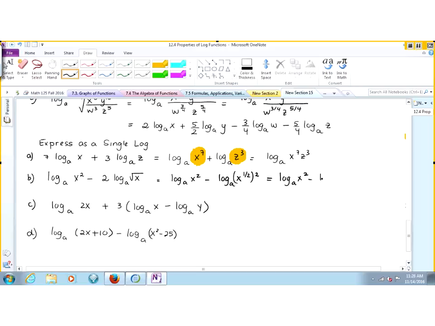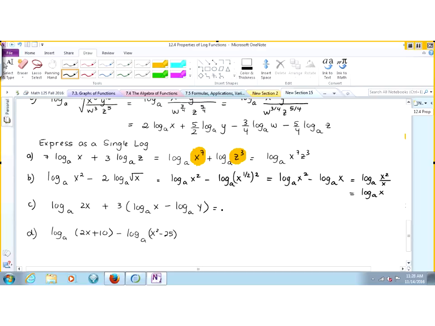Yeah, so this is log base A of x squared minus log base A of x. So then what? Log base A of x squared over x. Yes, that's right. Cool.